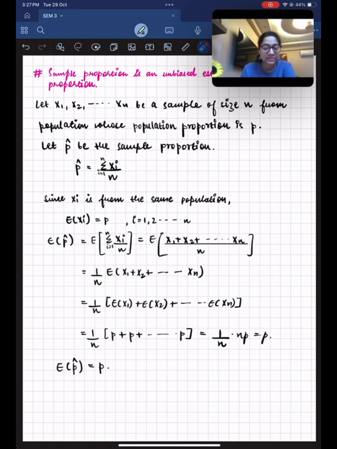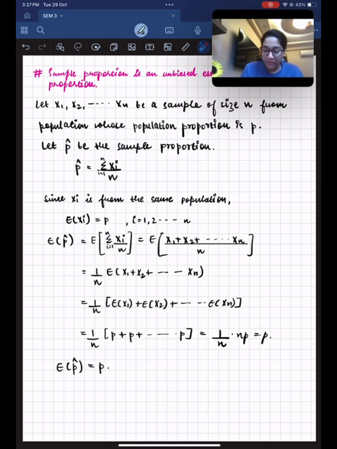Since xi is from the same population, expectation of xi will be equal to p. Now expectation of p cap will be equal to expectation of summation xi upon n. We will expand that to expectation of x1 plus x2 plus so on till xn upon n.